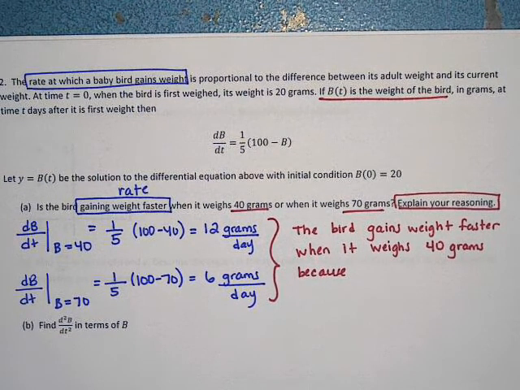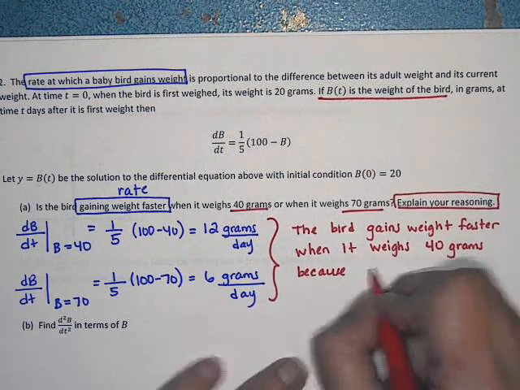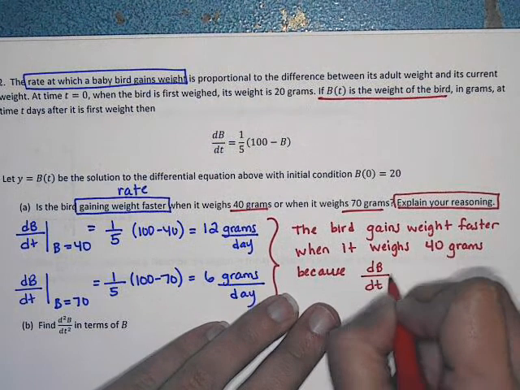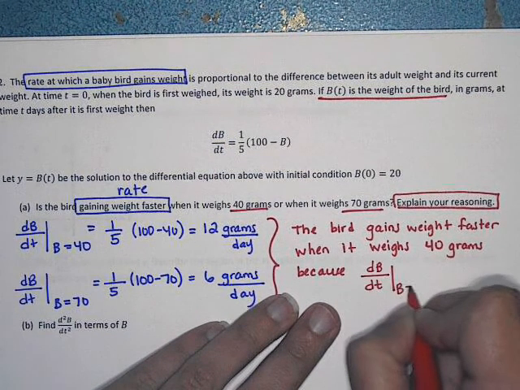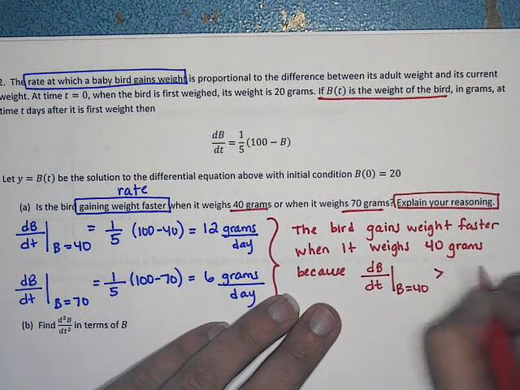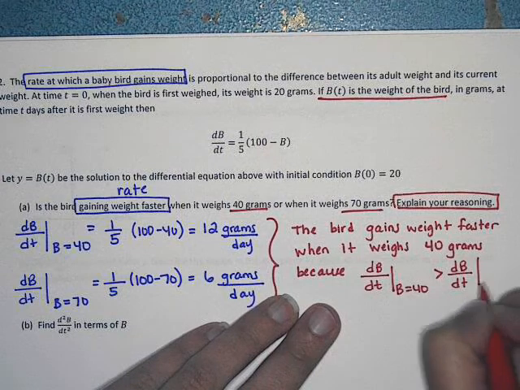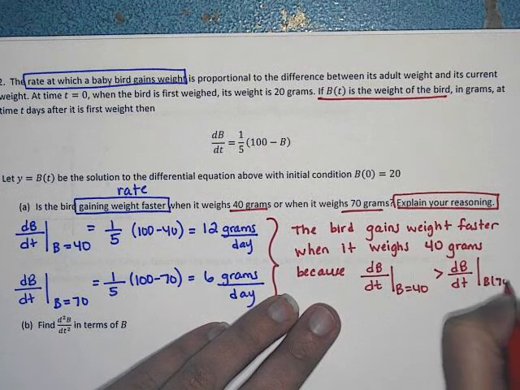When it says explain your reasoning, it always means mathematically, not by just explaining it with words. So we would say because dB over dt evaluated when b is 40 is bigger than dB over dt evaluated when b is 70.